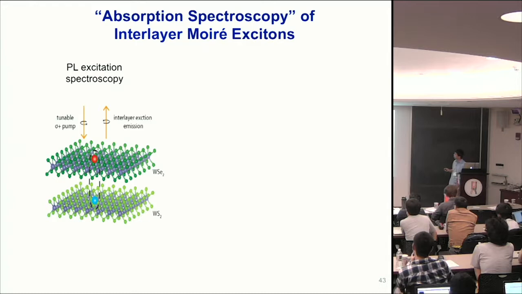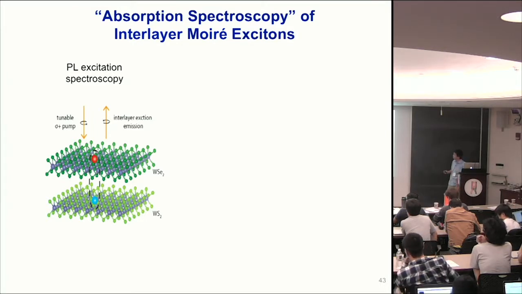Experimentally, this is quite challenging, because when you have electron and hole sitting in different layers, the absorption becomes much, much weaker than for electron and hole sitting in the same layer. The oscillator strength is decreased by about 2 orders of magnitude. And in order to measure absorption of this, we use effectively background-free detection.